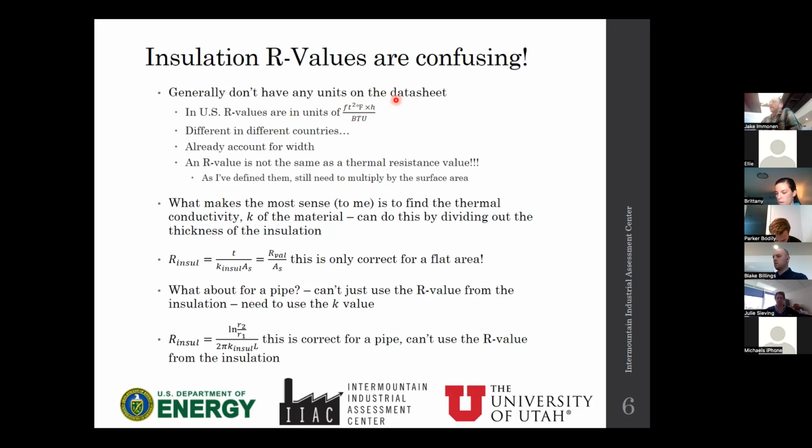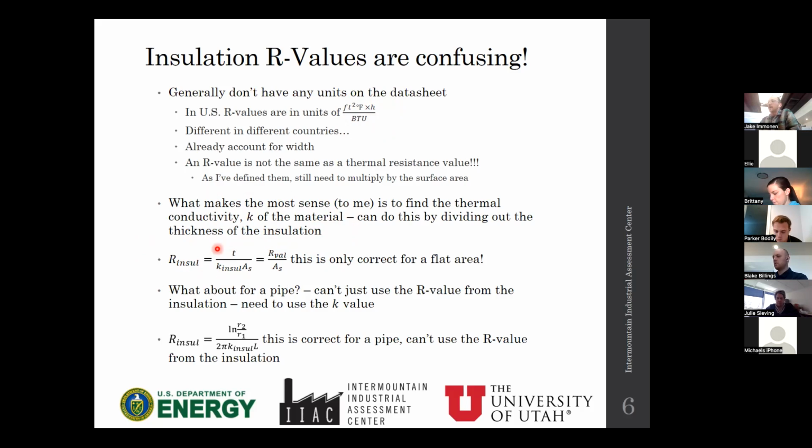And then if you divide by the width of the insulation, you can get back to your K value, the thermal conductivity of the material. And so once you have your thermal conductivity of the material, then you can use it to find the R value of insulation. The R value of the insulation is going to change for different geometries.